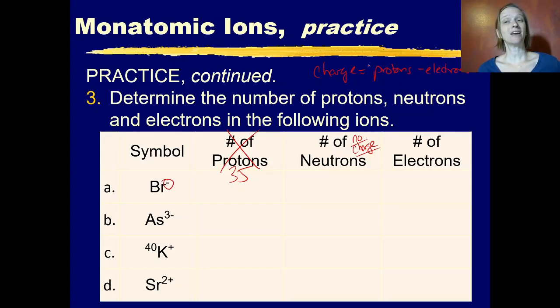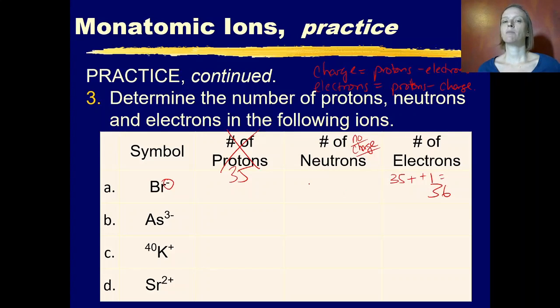If I want to know how many electrons I have, I can rearrange this equation so that electrons equals the protons minus the charge. So here I'm going to have 35 protons minus the charge, which is -1. Notice that I'm subtracting a negative. When you subtract a negative, that's the same as adding a positive. And my number of electrons here is 36.